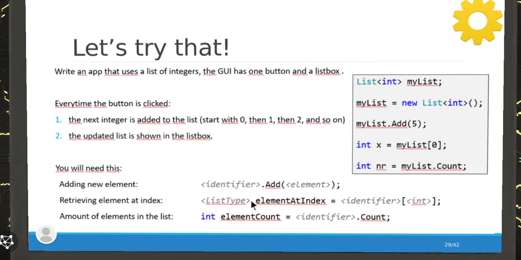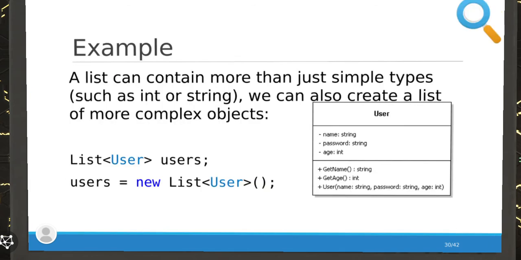So you have the list type first, of course, because you will return that element. And after that, you would have the list name, and then in between two brackets, you would have the index of the element you want to retrieve. Also, there is a Count function if you want to count every element in that list.